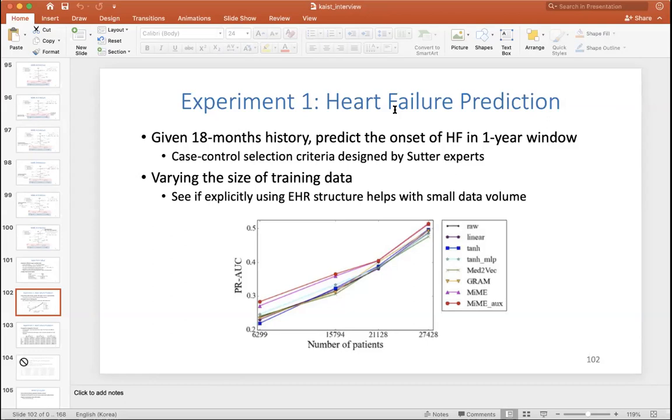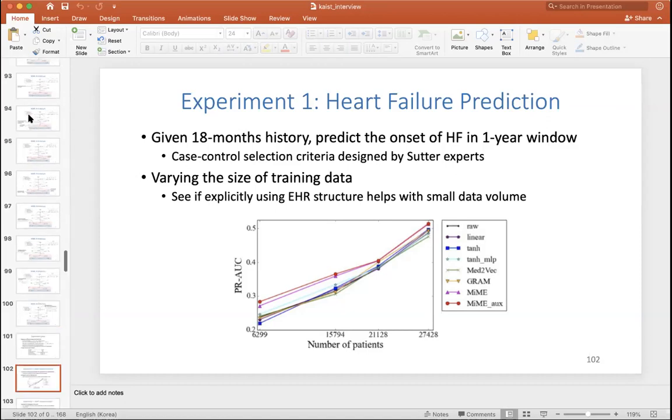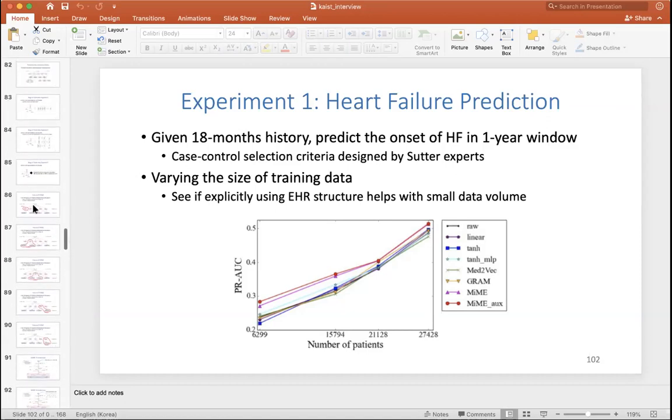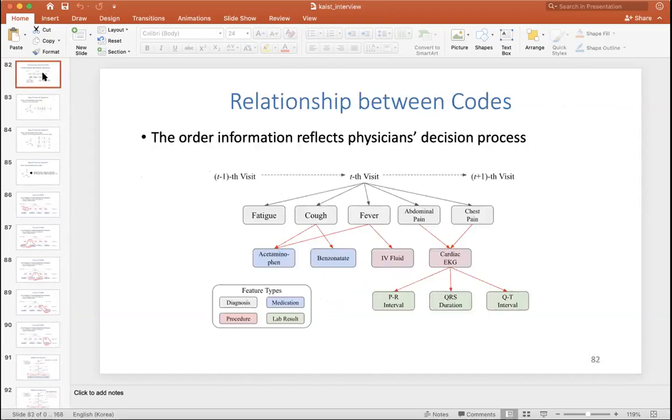If you think about explicitly providing this red arrow information, which treatments are connected to which diagnosis codes, providing this information to the model is, I think, equivalent to regularizing the model.